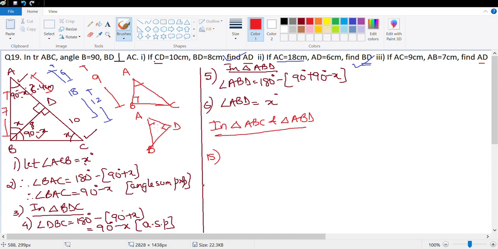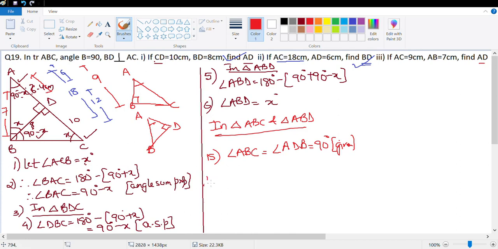Let's write this down. Angle ABC is equal to 90, is equal to angle ADB, which is 90 degree given.